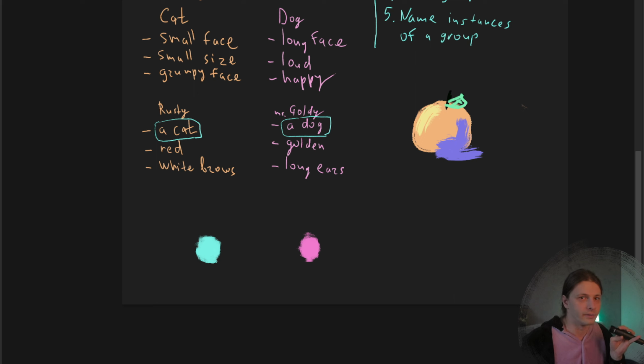Like a thing, or something? What is it? Something. Okay. Sometimes we use something, but if you need to reason about things, usually we need more specific things.